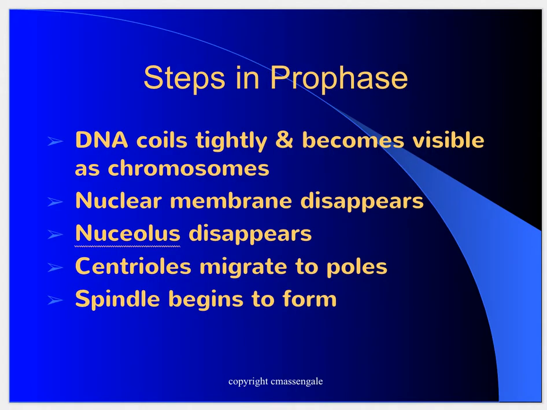So in prophase, the DNA inside the nucleus is going to start to coil. It's going to become visible. The nuclear membrane is going to start to disappear.